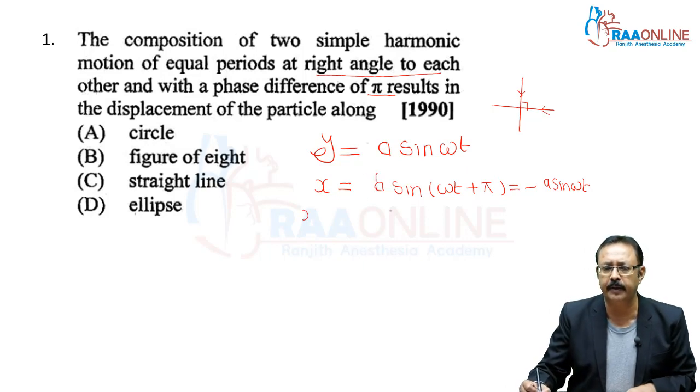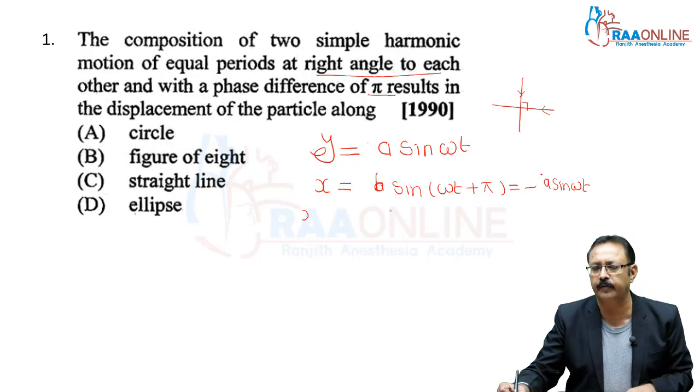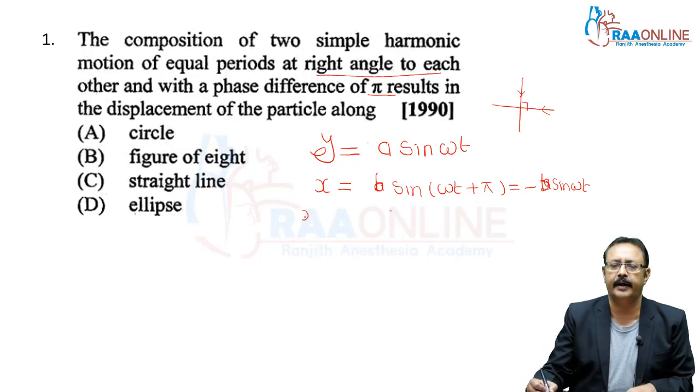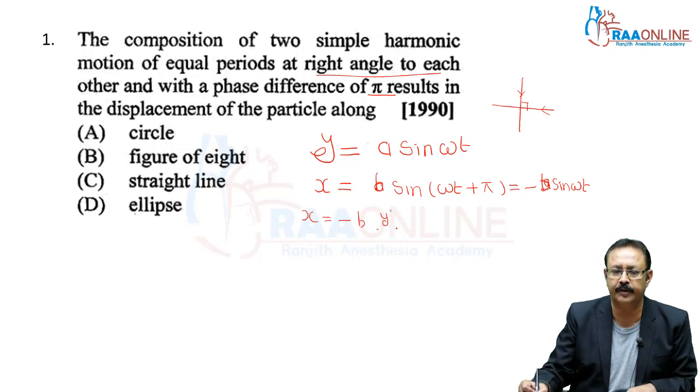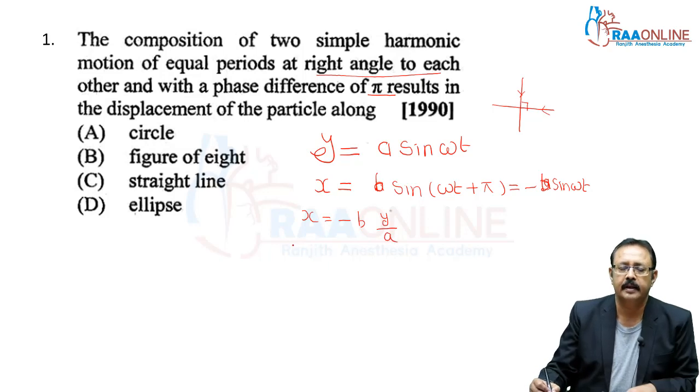We are taking the amplitudes of the different waves as different, so the amplitude of the second wave is b. So what we are getting, x equals minus b sine omega t, and taking sine omega t from the first equation, x and y are related like this: y equals minus a upon b times x.